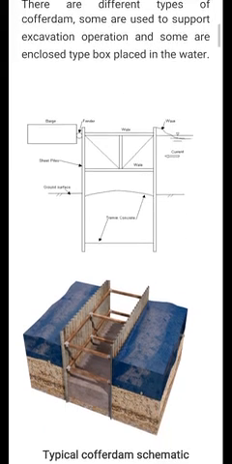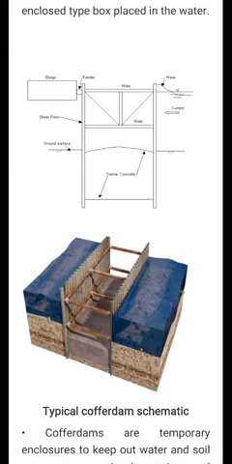So you can see the picture. In the picture there are two vertical lines. These are your sheet piles. The horizontal members are the bracings. And beside the sheet piles, it is surrounded by water.